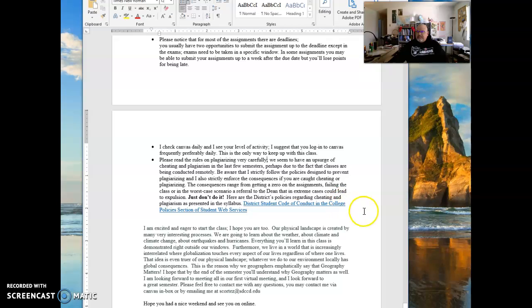The consequences range from getting a 0 on the assignments, failing the class, or, in the worst case scenario, a referral to the dean that in extreme cases could lead to expulsion. Just don't do it. Here are the district policies regarding cheating and plagiarism as presented in the syllabus.